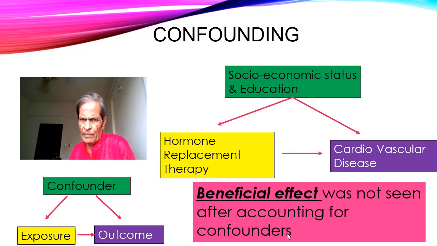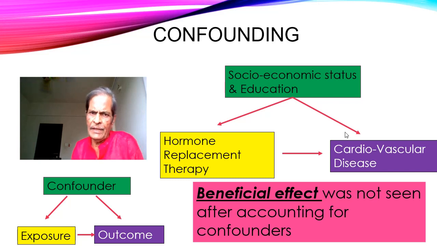So here is an example. Hormone replacement therapy was very popular some days back for reducing the risk of cardiovascular diseases. It was found that people who were taking hormone replacement therapy for certain other purposes had a beneficial effect on cardiovascular disease risk in the study.